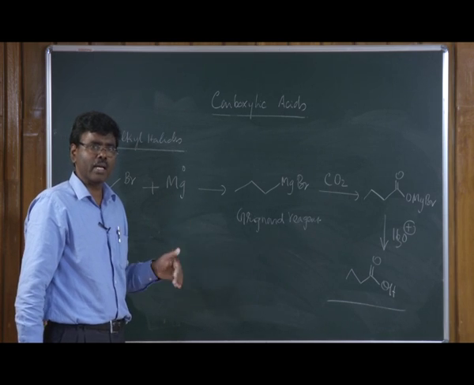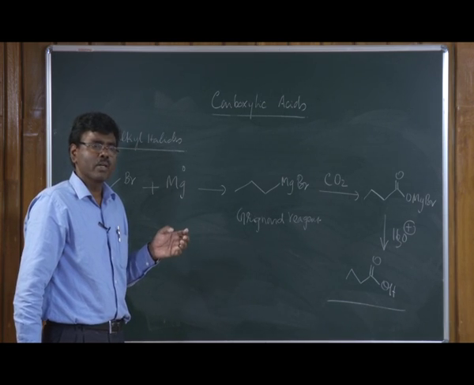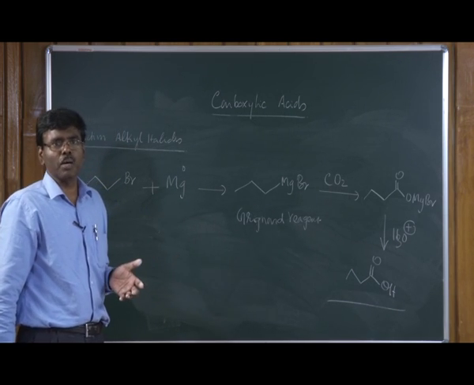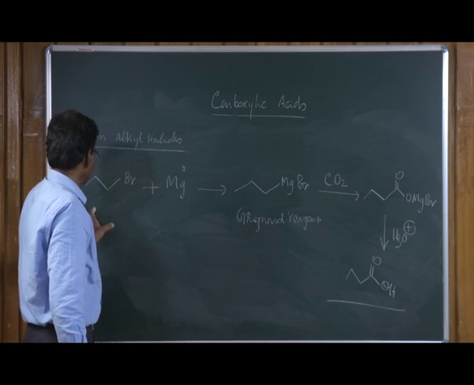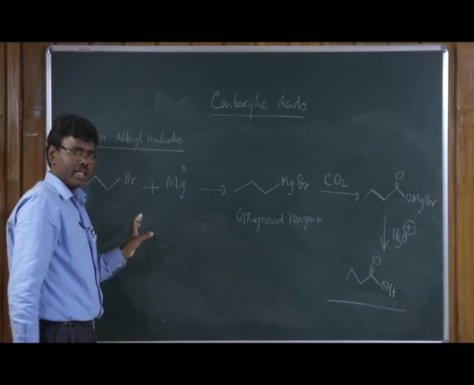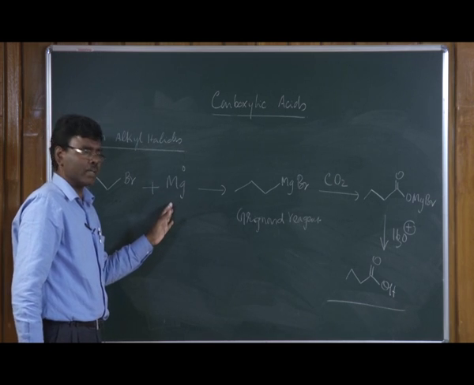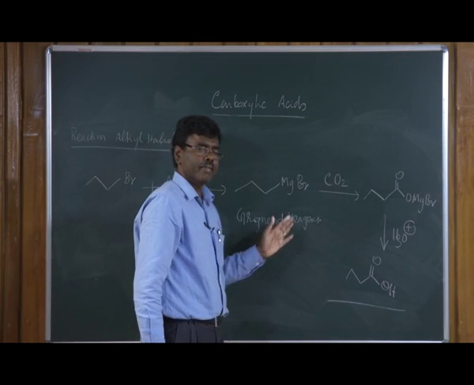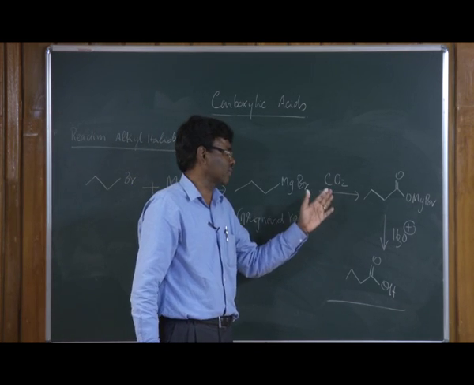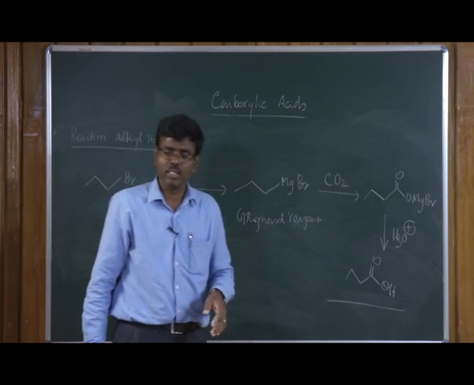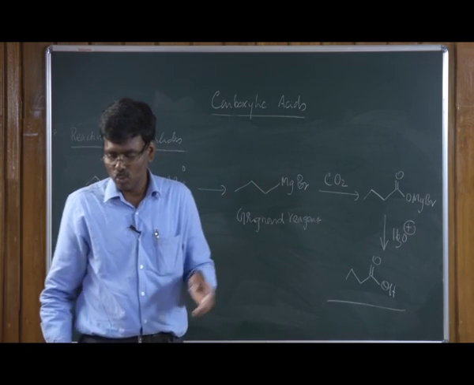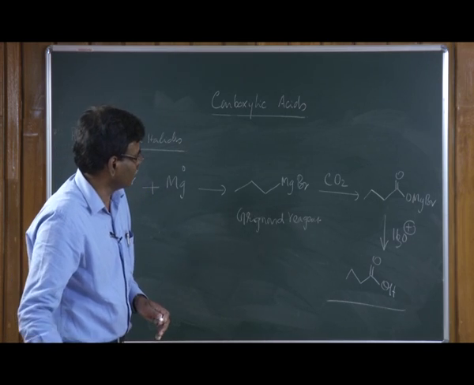That nitrile can be transformed to the corresponding carboxylic acid via hydrolysis. And furthermore, if you have alkyl halide, that can be reacted with magnesium to form Grignard reagent, and that Grignard reagent can be reacted with carbon dioxide, and that can give the corresponding carboxylic acid with 1 carbon more.